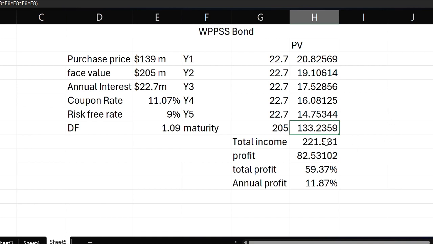And the total income, after adding all these things, is 221.58. So the total profit he derived after investing is 82.53 million, whereas the total profit is 57.37 percentage over a span of 5 years, which is quite a decent interest. And annually he got somewhere around 11.87%.